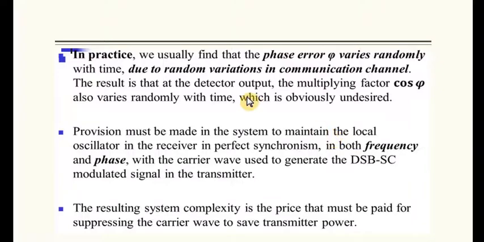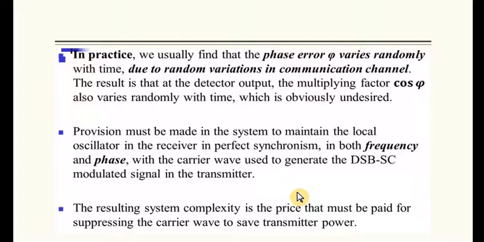The resulting system complexity is the price that must be paid for suppressing the carrier wave to save the transmitter power. As we said, the double sideband suppressed carrier solves one of the problems of the standard AM modulation technique, which suffers from waste of bandwidth and waste of transmitted power.